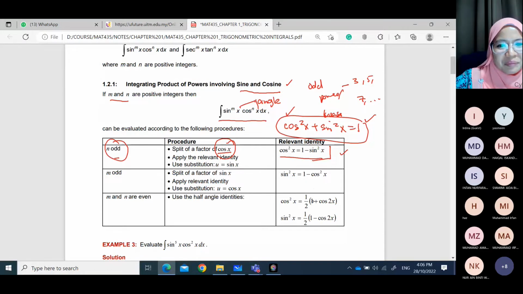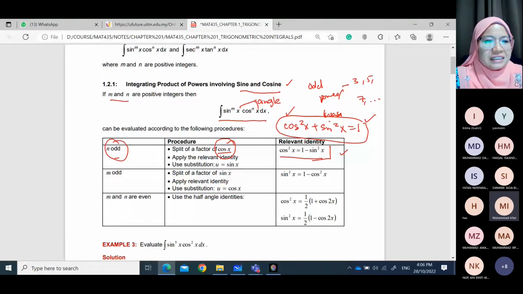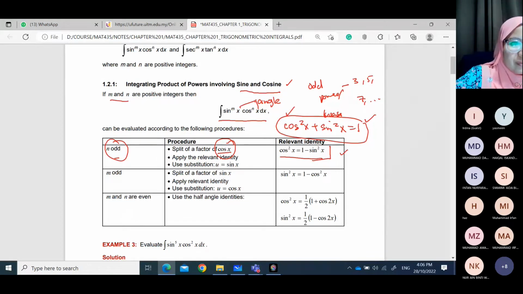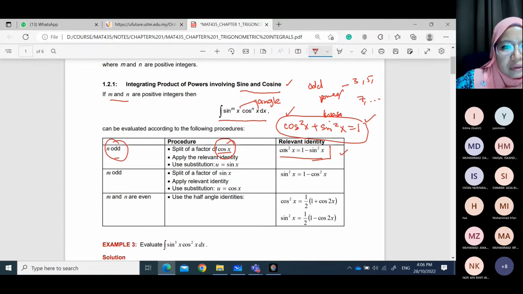Class, please give me your response. Faham. So kalau ada, just interrupt, just tanya je. Okay, itu yang kedua iaitu identity. Yang ketiga, step yang ketiga adalah you gantikan sin x ke dalam u.